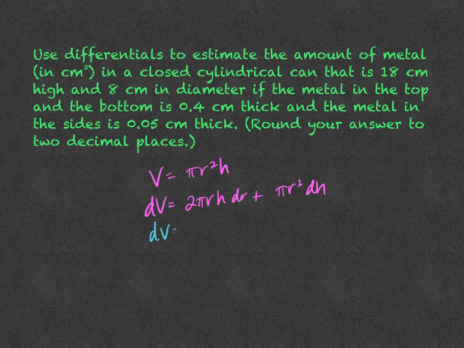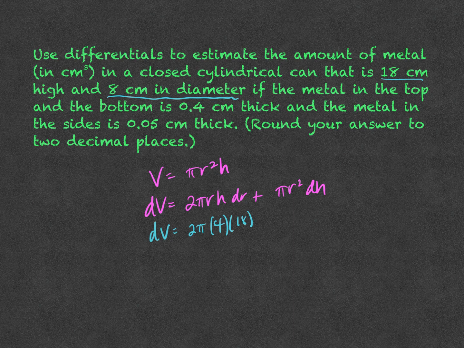So dv is what we're supposed to estimate, the amount of metal in the can, the volume. So we're going to say 2 pi, and the radius of this figure is, it's 8 centimeters in diameter, so the radius is 4 centimeters, and the height is 18 centimeters.